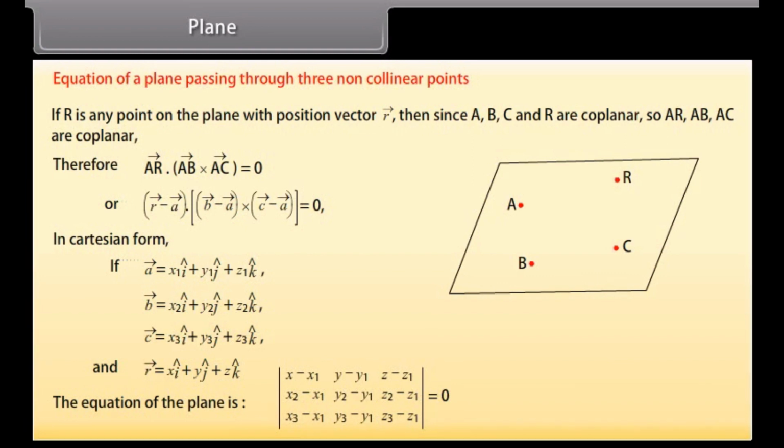First row, x minus x1, y minus y1, z minus z1. Second row, x2 minus x1, y2 minus y1, z2 minus z1. Third row, x3 minus x1, y3 minus y1, z3 minus z1, equals 0.